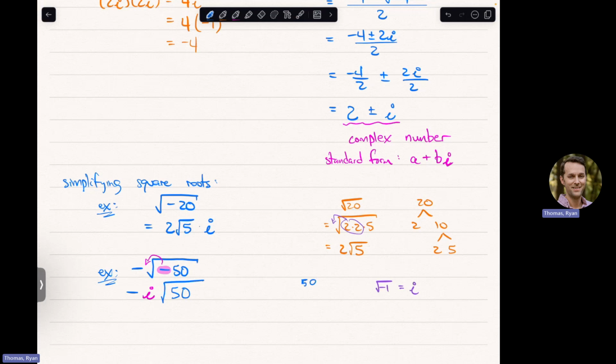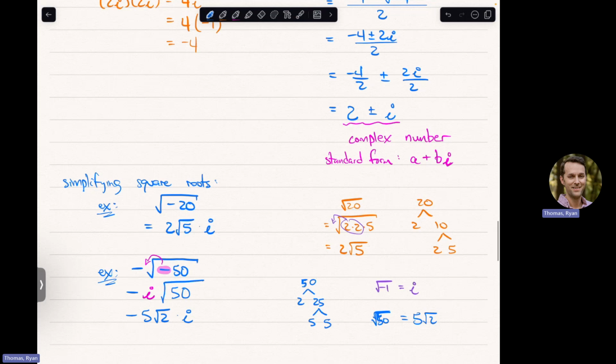Again, 50 is not a perfect square, but 50 is 2 times 25, and 25 is 5 times 5, which means the square root of 50 we can break into 5 times the square root of 2. So this would be -5 square root 2 times i.